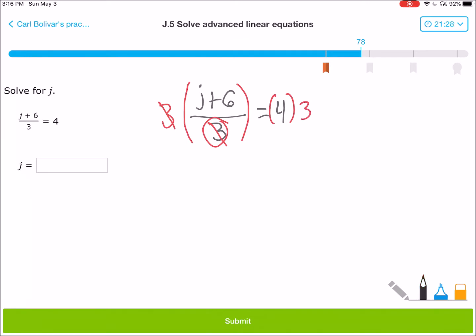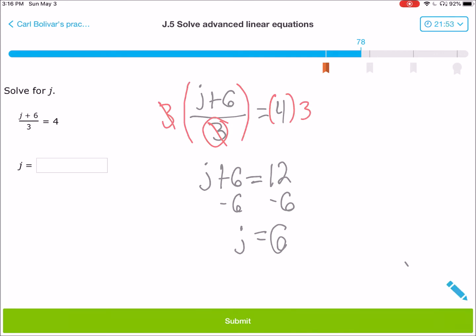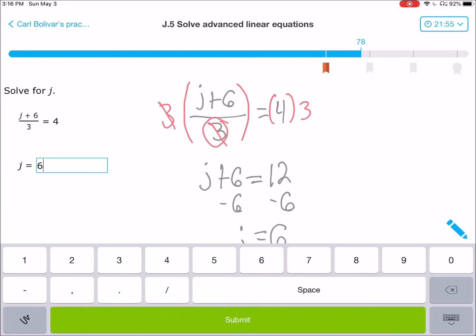And what we're left with is J plus 6 is equal to 4 times 3, which is 12. Now I'm going to subtract 6 from each side to take out that 6, and what we're left with is J is equal to 12 minus 6, which is 6. So our answer is 6.